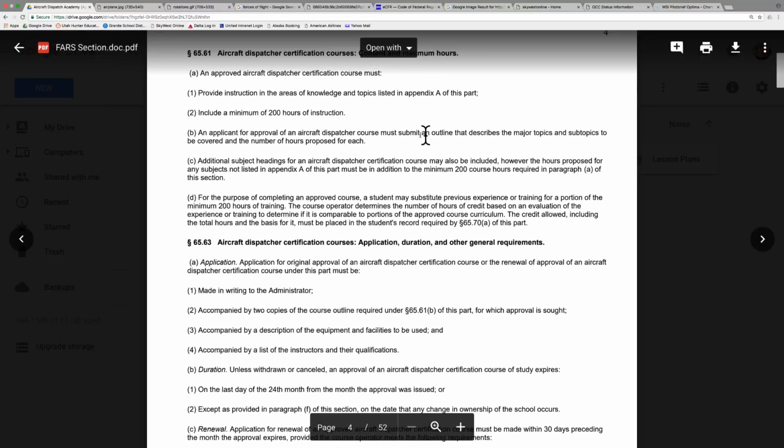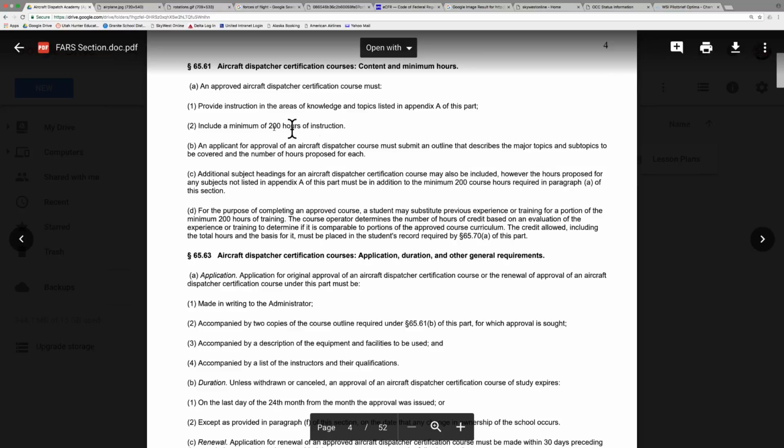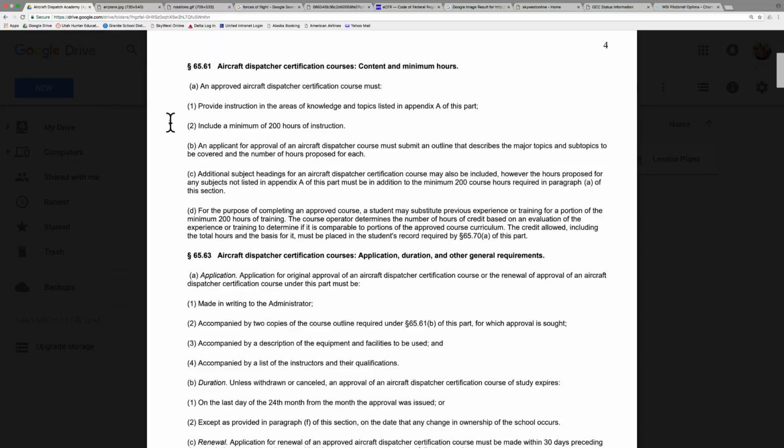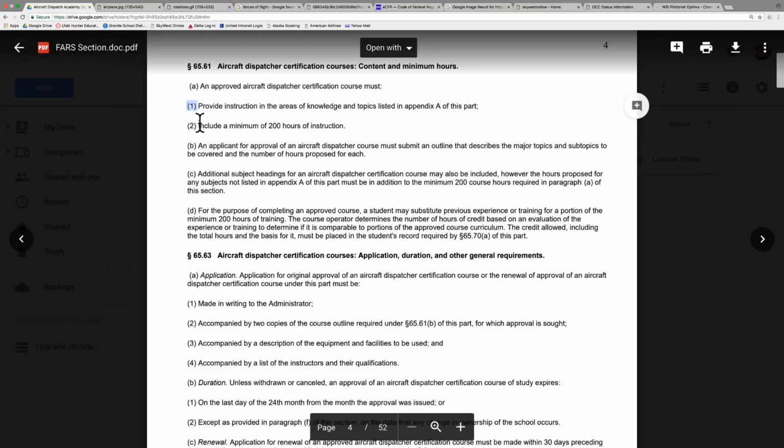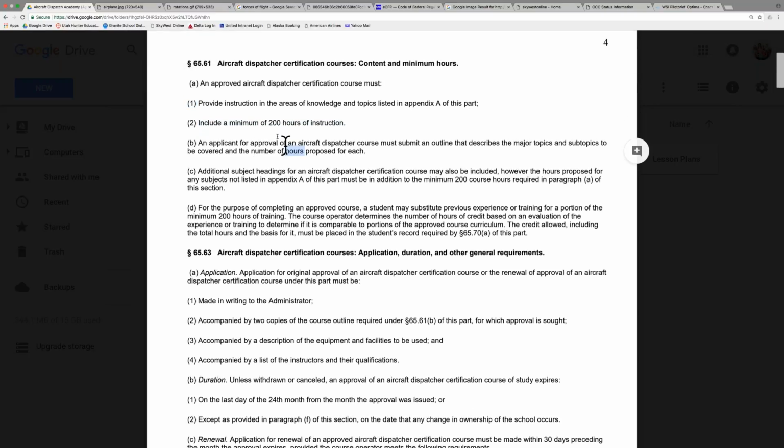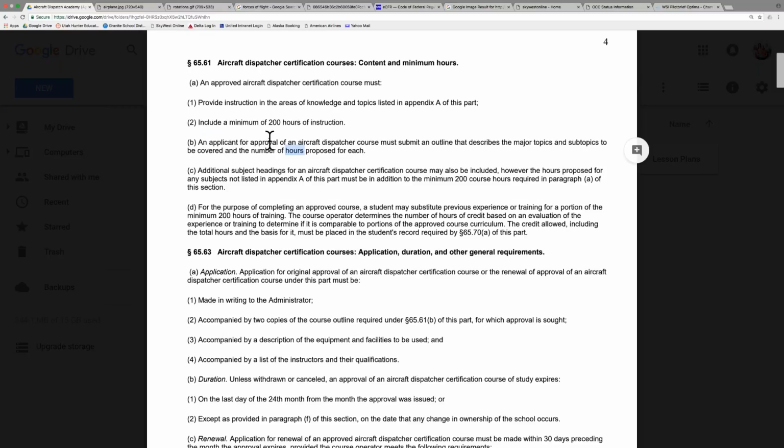So this is where it talks about the hours requirement that we touched on yesterday. This minimum of 200 hours of instruction. We've got to go over all those parts that we talked about. We have to provide you with a minimum of 200 hours of instruction, whether that be through watching video, in-class discussion or lecture, or after class. If you guys have questions and need help with certain things, all of that time counts.